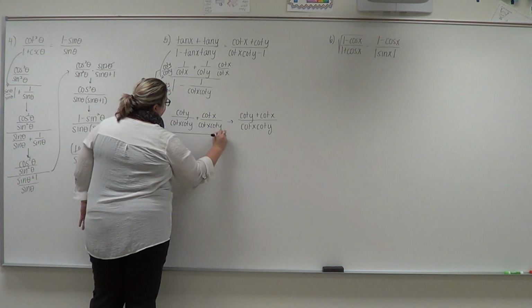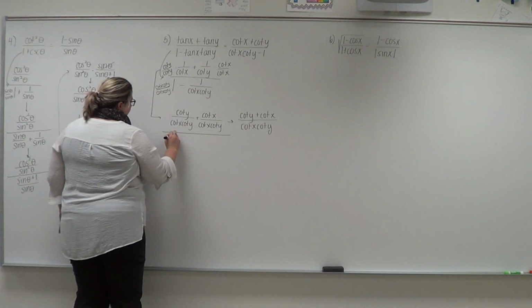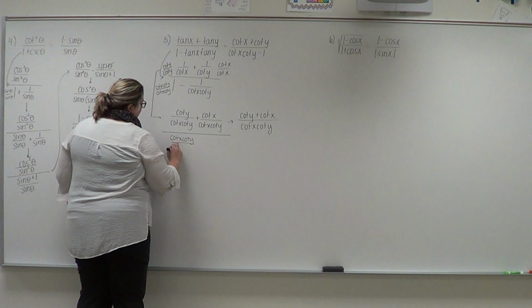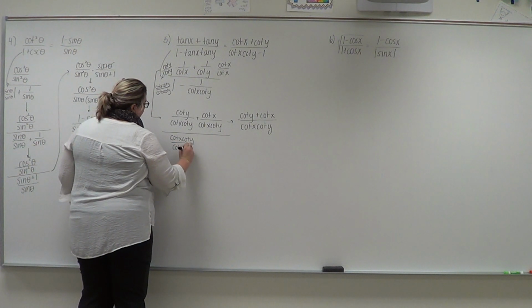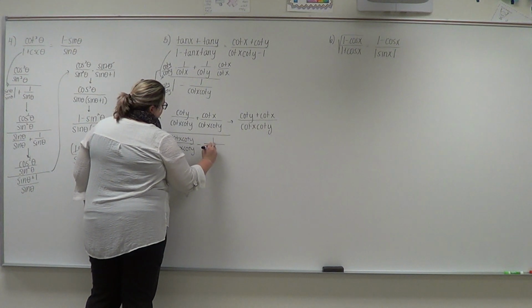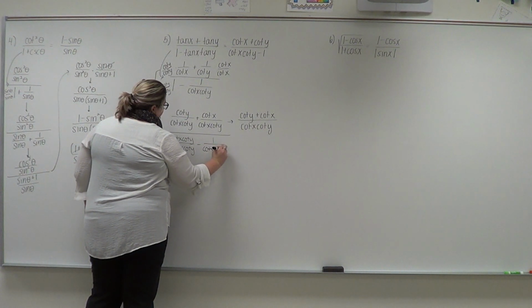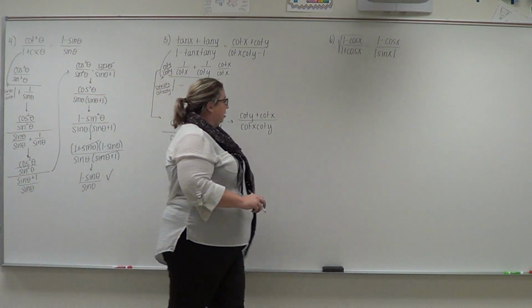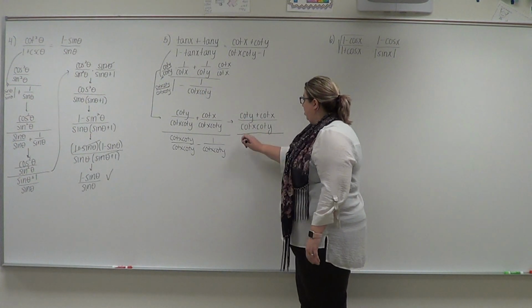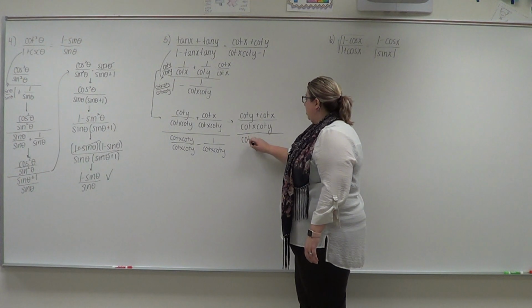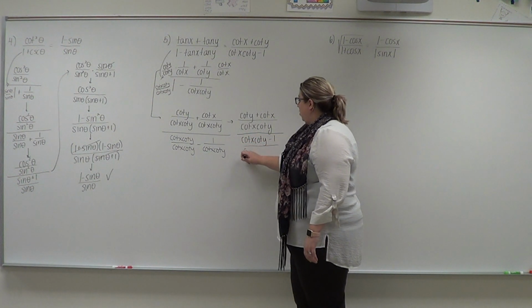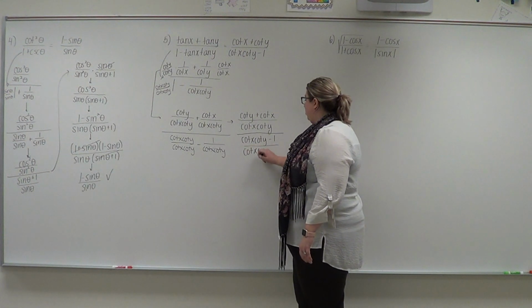So then I would have cotangent x, cotangent y over cotangent x, cotangent y minus 1 over cotangent x, cotangent y. So as one fraction, that would become cotangent x, cotangent y minus 1 over cotangent x, cotangent y.